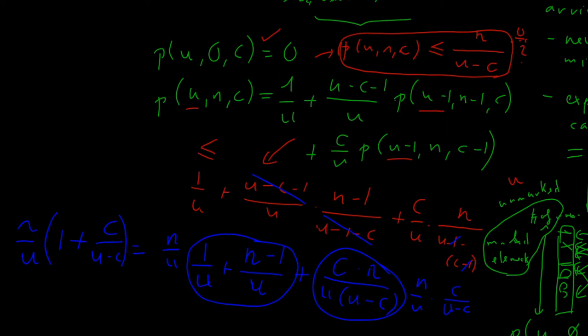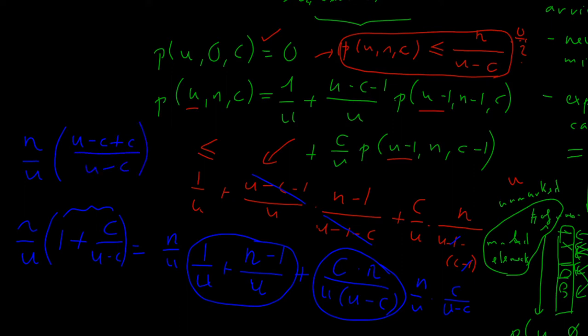Okay, and this part here is just N over U times (U minus C plus C) over (U minus C).